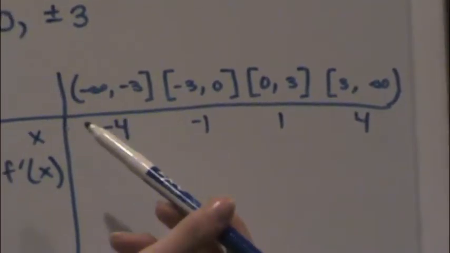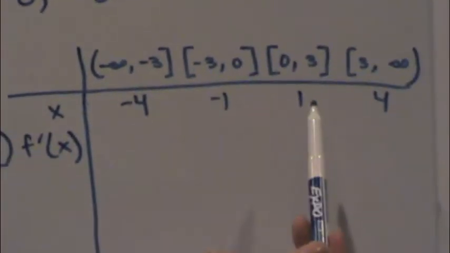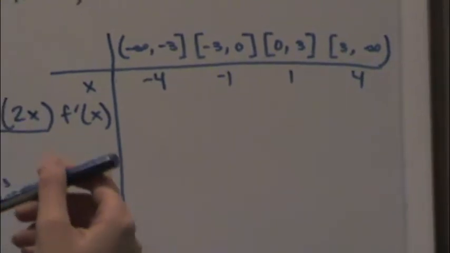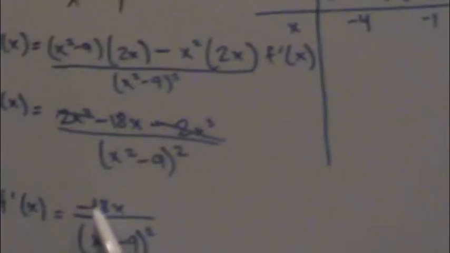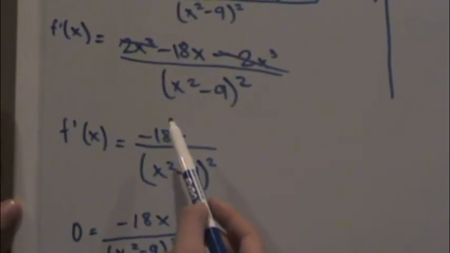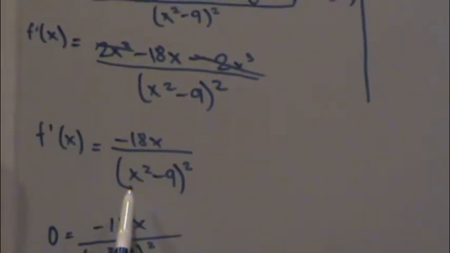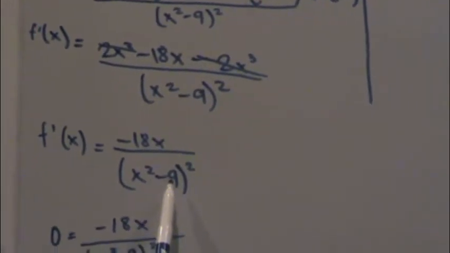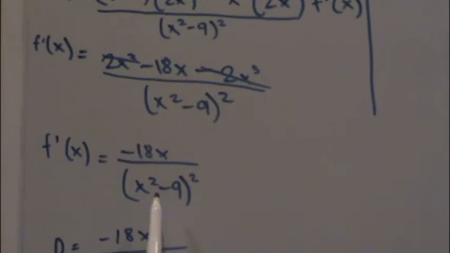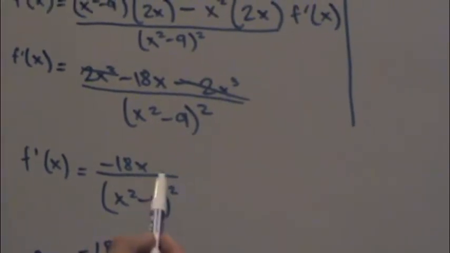Now to test the points, you would plug in each point to the derivative. So negative 4 times negative 18 is positive, and negative 4 squared is 16 minus 9, which is 7 squared, a positive number.